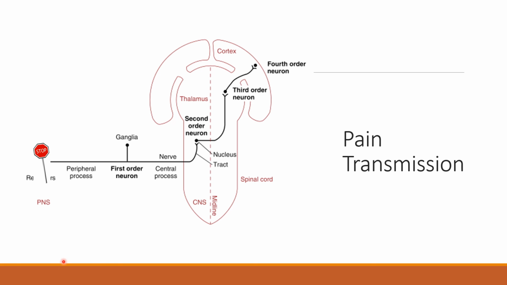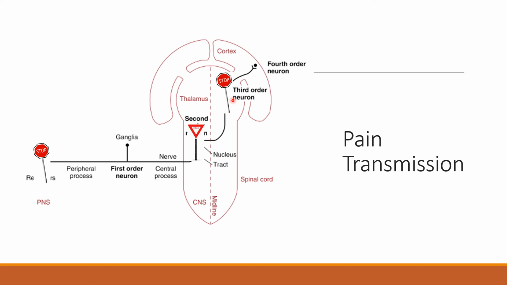At the same note, we can also block pain at the transmission of the second order neuron. And I put a yield sign here because we'll see that we're going to do this through the gate control mechanism of pain, where we will have a different first order neuron that then blocks the transmission of pain in that second order neuron, or just counteracts it.